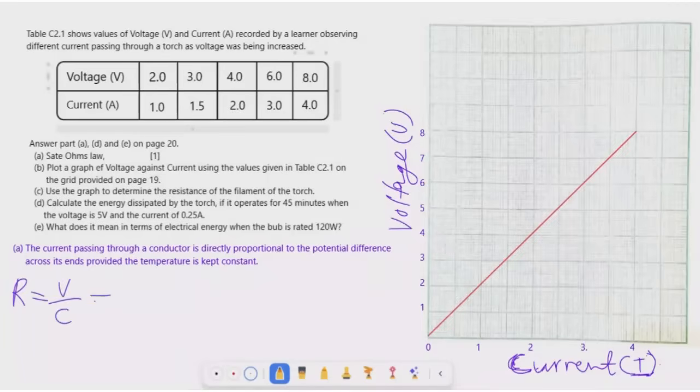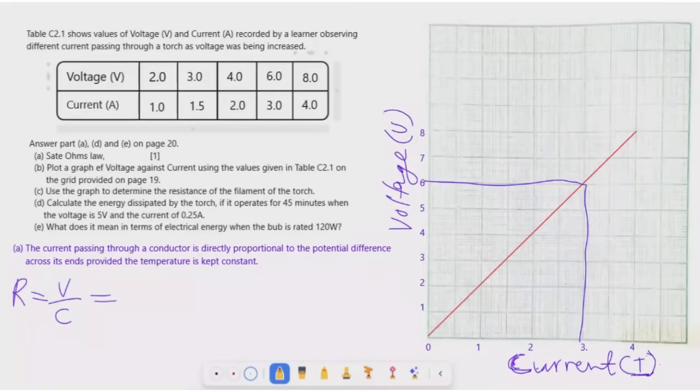We can pick any point on the graph. Let's pick voltage 6 and current 3 amps.